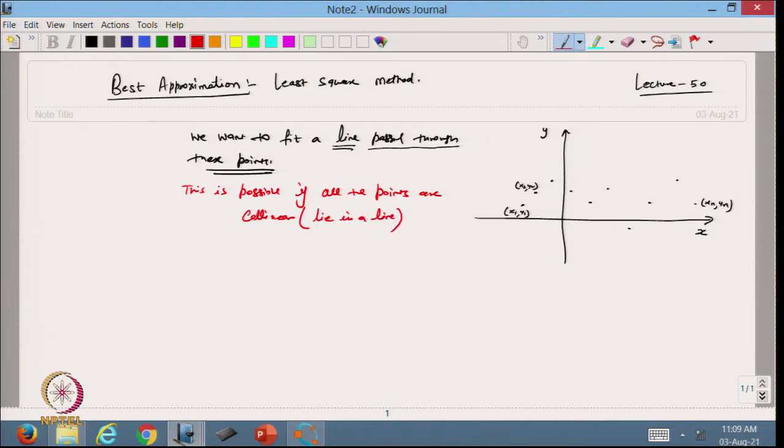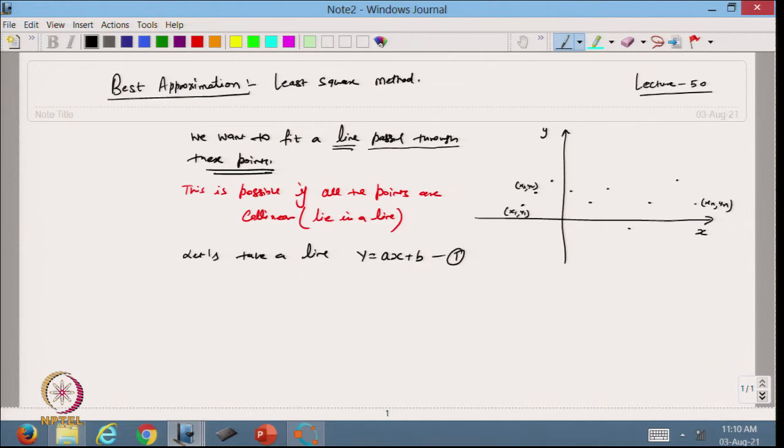So in that case, let us take a line, that is, I am writing y is equal to a x plus b. This is my line.